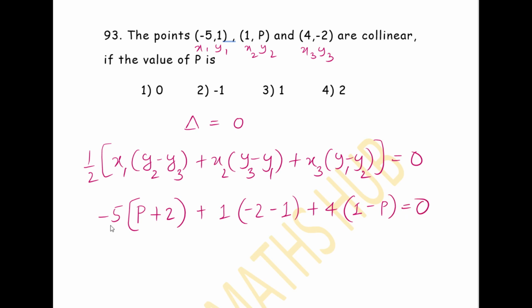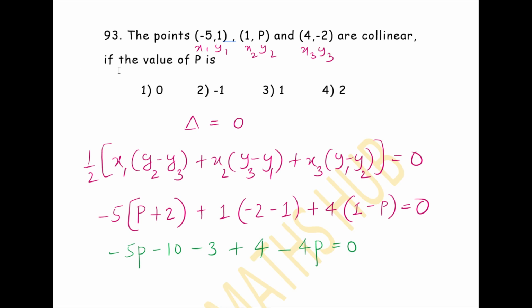Now minus 5 into p is minus 5p, minus 10, plus minus 2 minus 1 is minus 3, minus 3 into 1 is minus 3, plus 4 into p, 4p, so 4 into 1 is 4. Now 4 into p is 4p, plus into minus is minus, which is equal to 0.